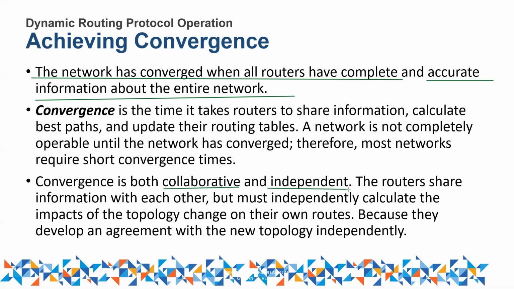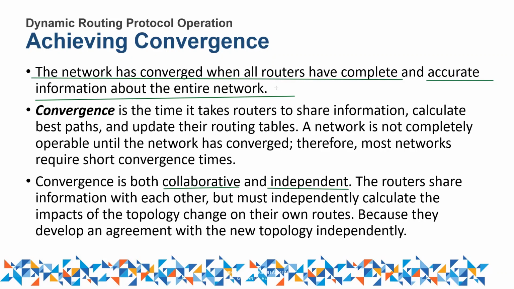Okay, and remember, the convergence is collaborative and can also be independent. Collaborative means when all the routers will share information with each other. Independent means when a router will independently calculate the available routing information to choose the best path. Okay, guys?